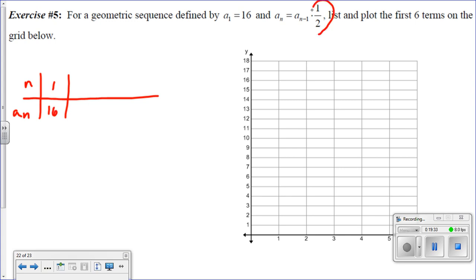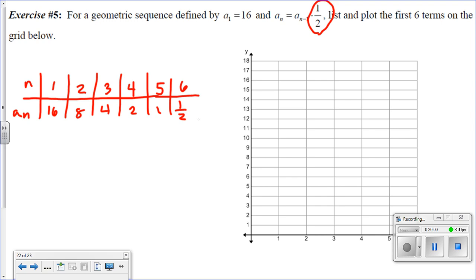Now what this says is take the term right before and take half of it. So that means my second term would be, again, take the term right before, take half, 8. Term right before, 8, and take half. So this is going to be 4. So hopefully you're starting to see the pattern here. Fourth term is 2, and we have to do the first 6 terms.